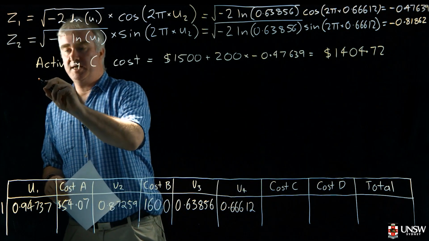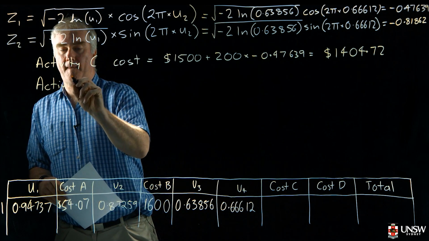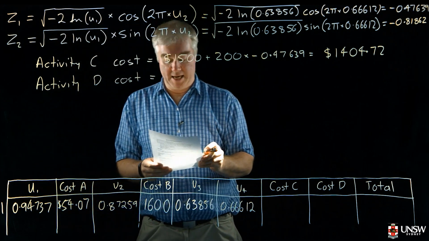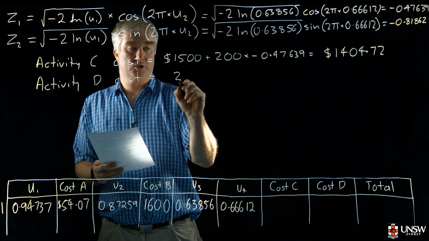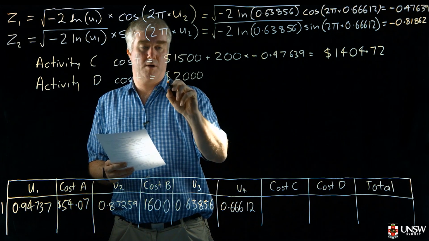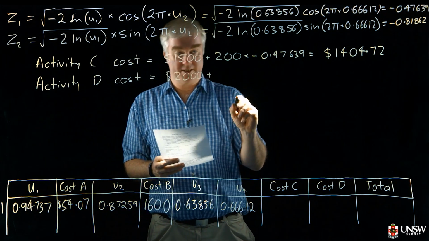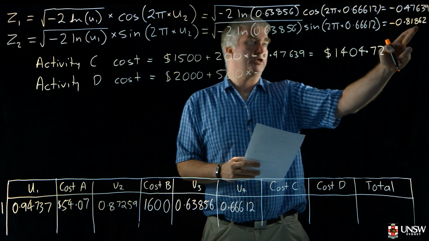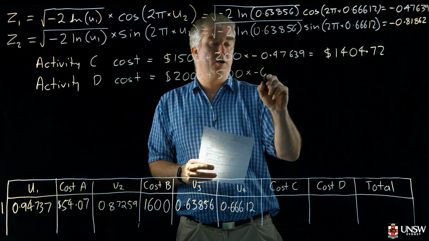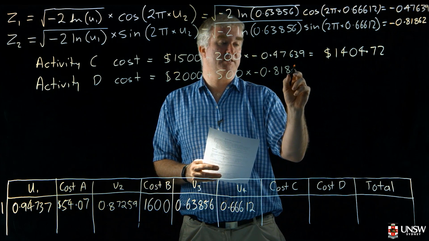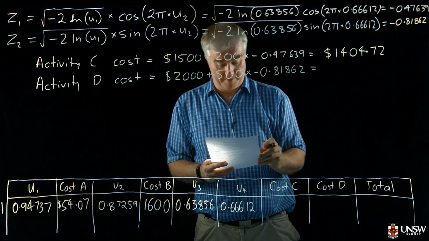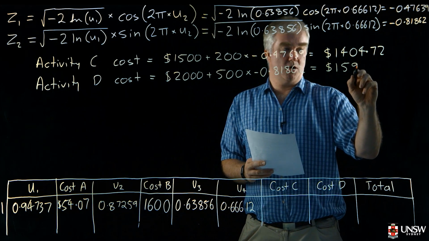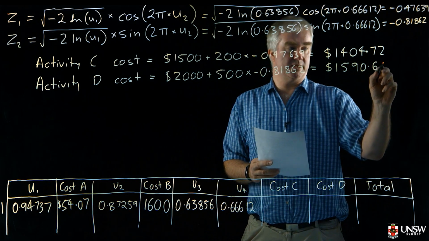whereas for activity D, the cost is equal to, we have a different mean this time, so it's going to be $2,000 plus, and we have a different standard deviation, 500 times, and this time we use Z2 instead of Z1, minus 0.81862, which gives us $1,590.69.